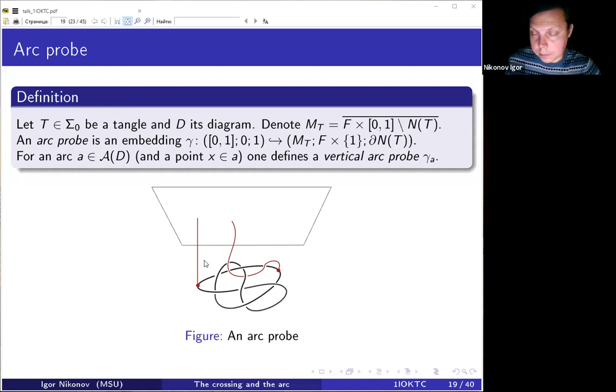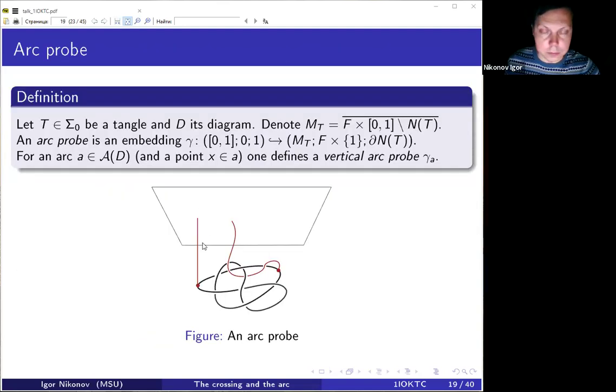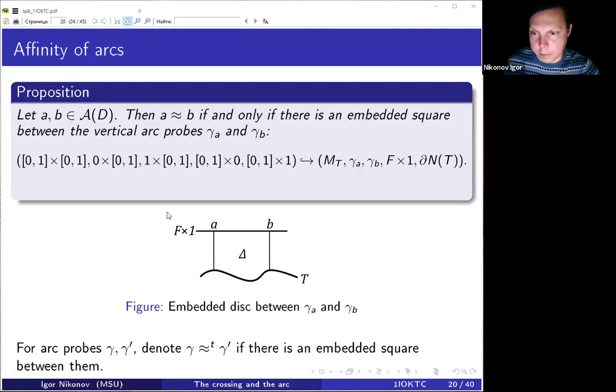And it appears that we can describe these combinatorial relations using these probes. For example, we have the following proposition. If we have two arcs in the diagram, they are affine only if the corresponding vertical arc probes bound an embedded square.